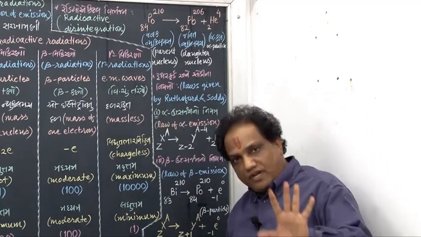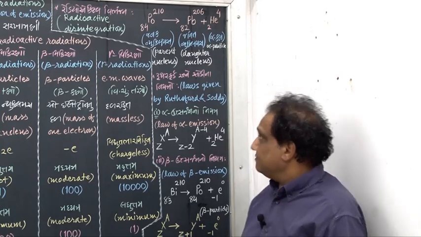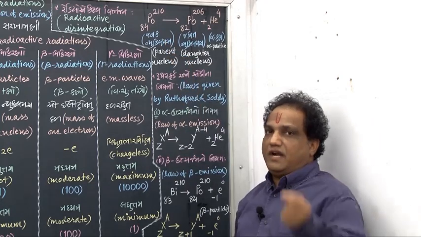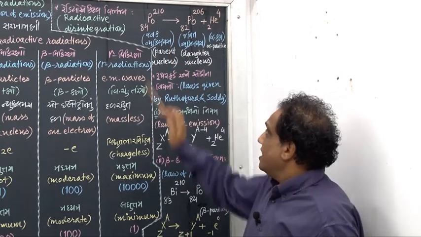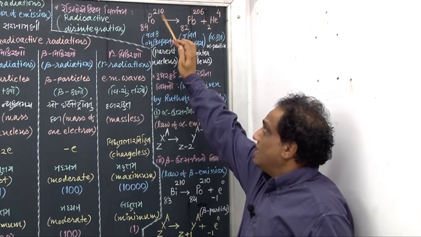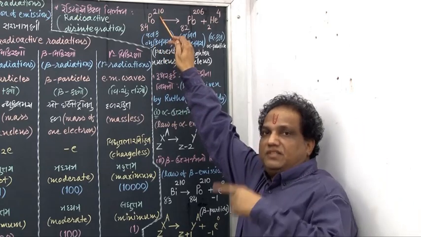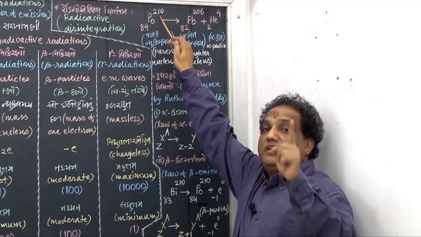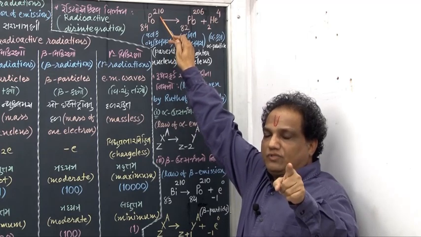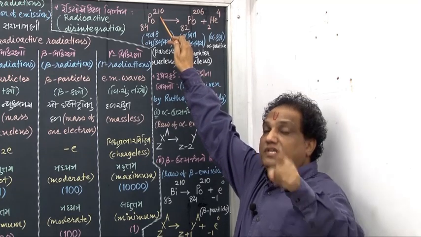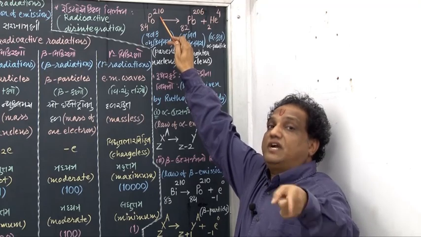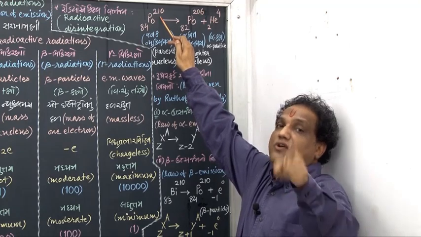It is a phenomenon. I am showing you which phenomenon. Consider a radioactive nucleus 84 polonium 210. I say this nucleus is artificially radioactive because, not artificially, I am mistaken, this nucleus is naturally radioactive.